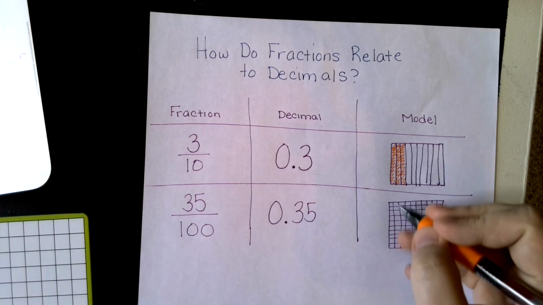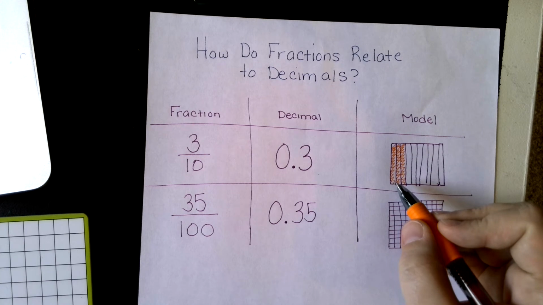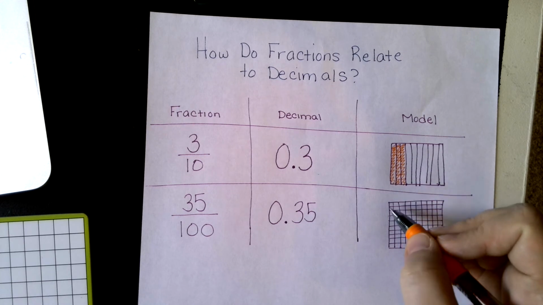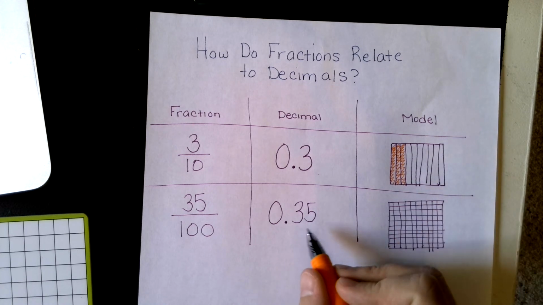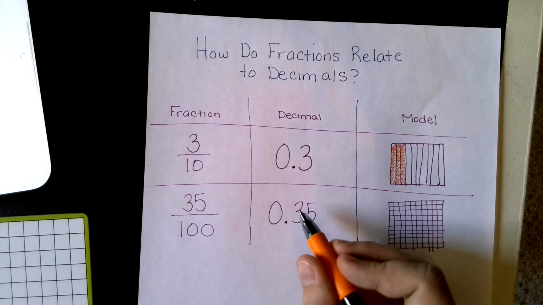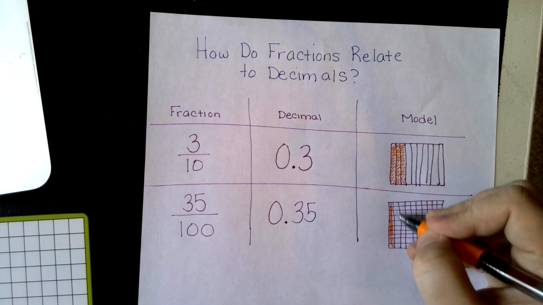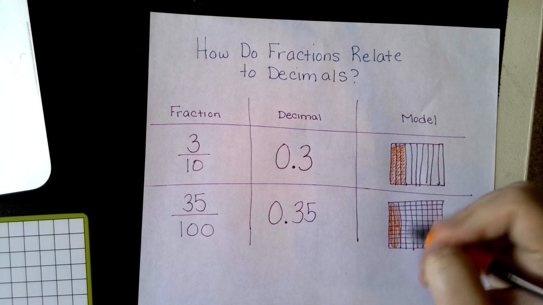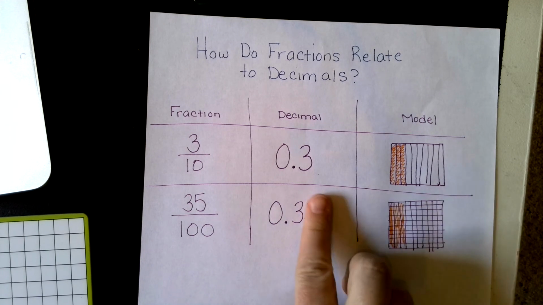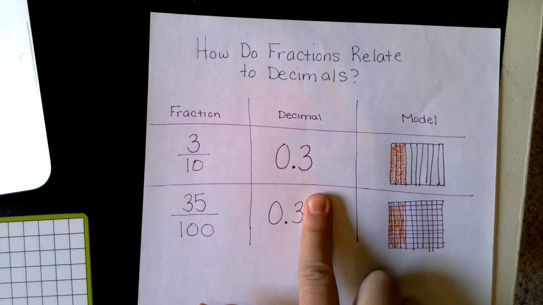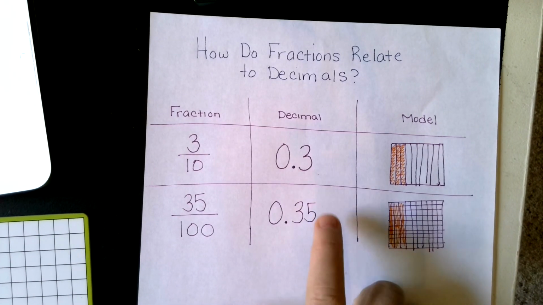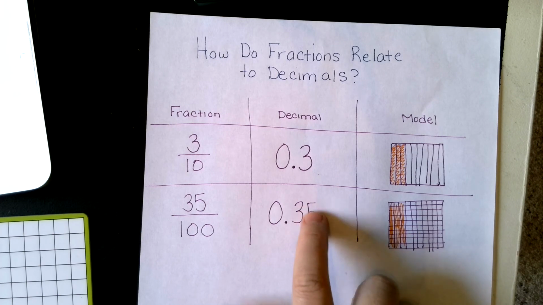So 35, I want you to look up here at this model. 35 is 3 tens and 5 ones, or 3 tenths. So the 3 tenths is the same. 1 tenth, 2 tenths, 3 tenths. Do you see that? We started off the exact same as we did up here. The difference is we don't use a full tenth for the next one.